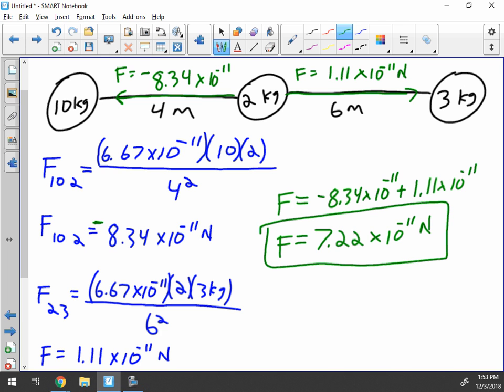And that is our final answer. So basically, we're using our equation for Newton's law of gravitation twice. We're doing it once for the left, between the left two objects. We're doing it a second time for the right, between the right two objects. And because they're pulling in opposite directions, we have to subtract them at the end to get our net force. All right, thank you very much.